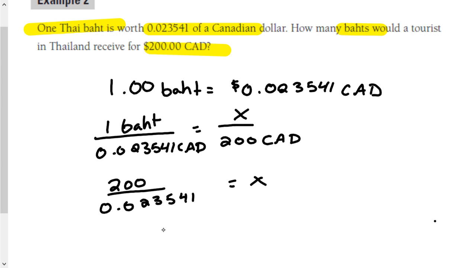Which gives us 8,495.82 bahts. So if it is okay for you to understand that you need to divide by 200 over here, that's great, but I prefer this way.